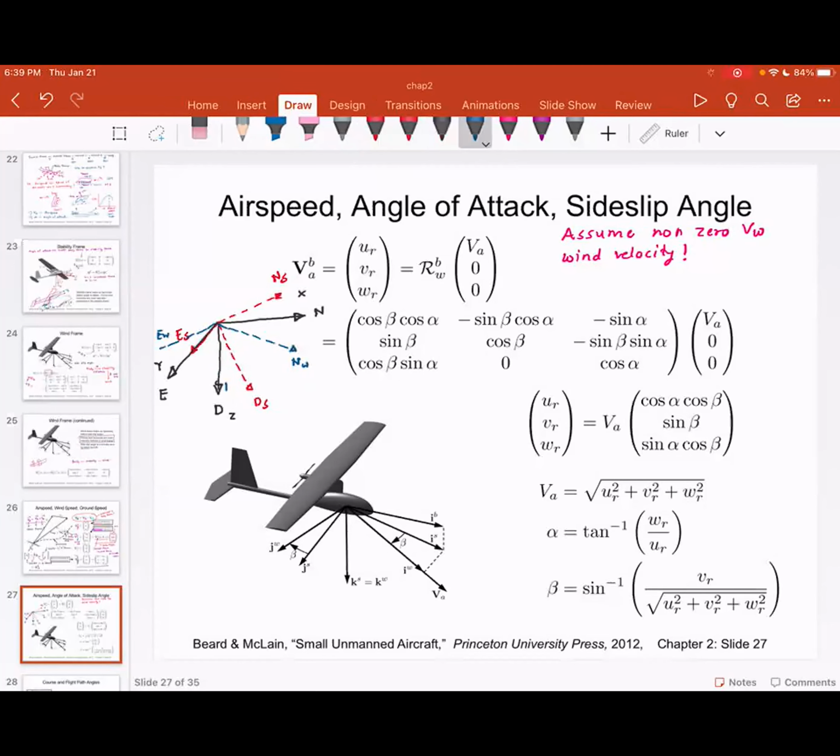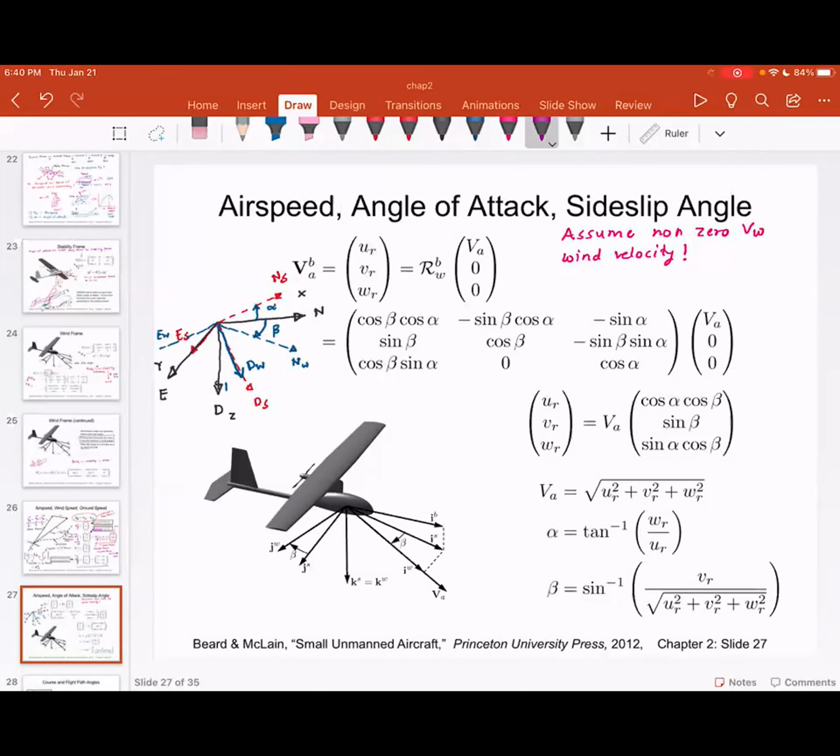So this is the down wind frame. What has happened is that here there is angle beta and here there is angle alpha. So the wind frame orientation angle is completely dependent on the magnitude of the wind. So yes, that can change.